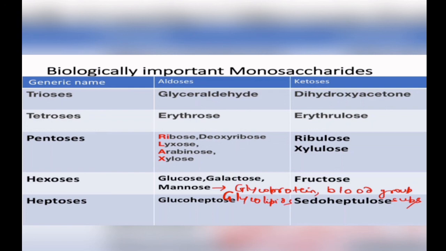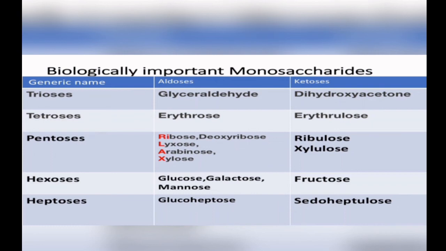Then coming to fructose. Fructose is present in honey, then fruits. It can be converted to glucose and utilized by the body. Then glucoheptose and pseudoheptulose. Just remember these names. They are heptoses.